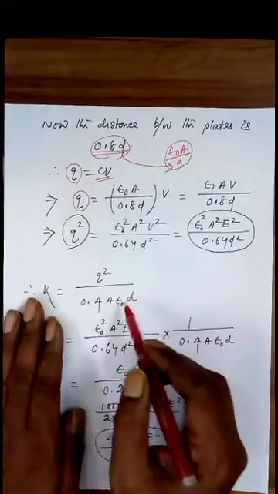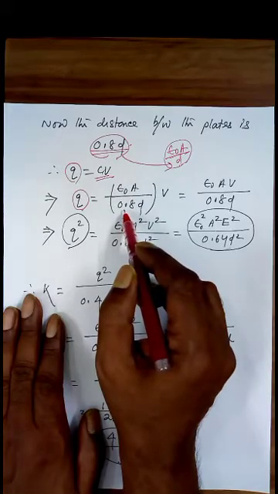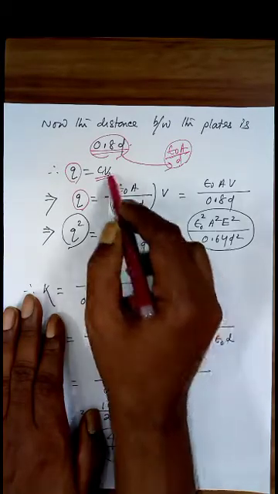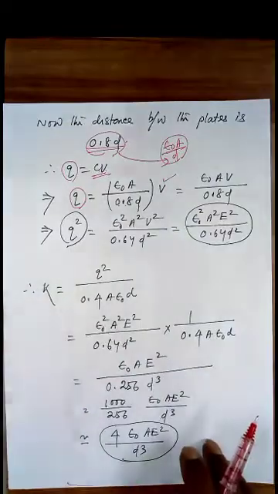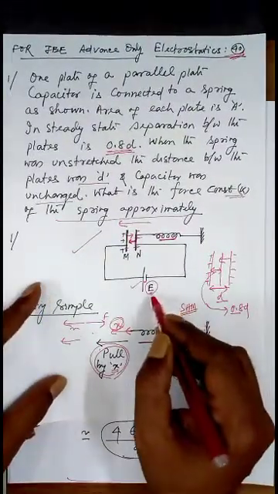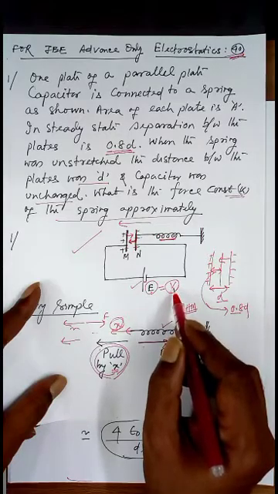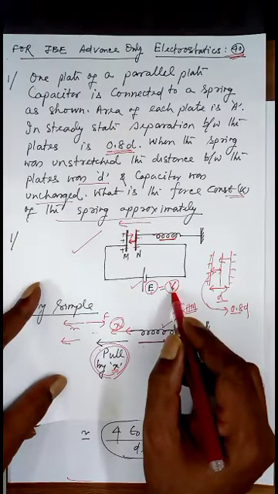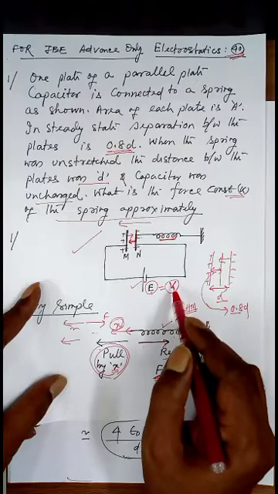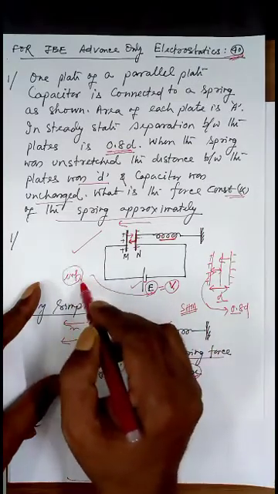So the capacitance is epsilon naught A over the present distance between the plates, that is 0.8d. V is the potential difference. In the diagram I have written E. E here does not mean electric field. The maximum value of the potential difference, which you will study in current electricity, is symbolically written as E and is called EMF, electromotive force. That is also a voltage.